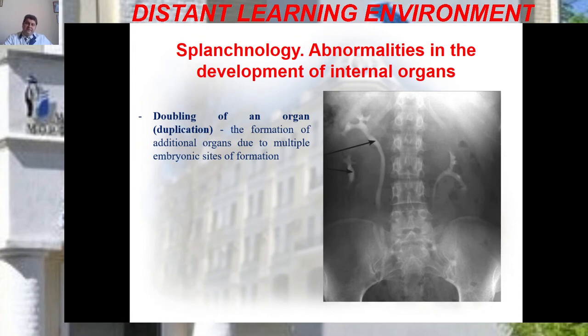For example, you may see in this X-ray examination with contrast substance a double right kidney in this body and a normal left kidney on the opposite side.